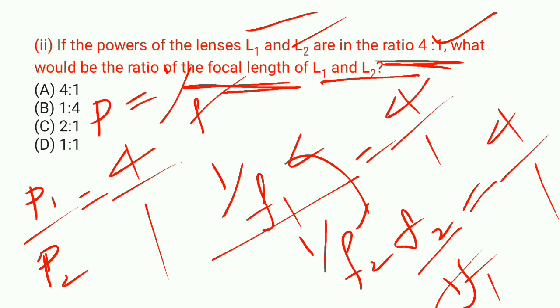So the ratio of F1 and F2 would be 1:4. So option B, 1:4, is the correct answer.